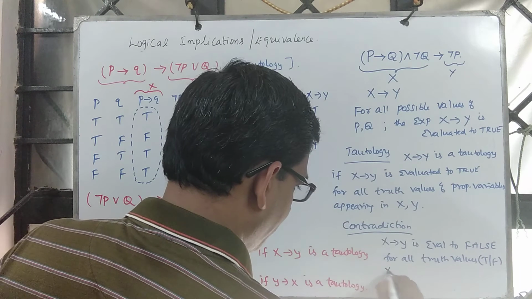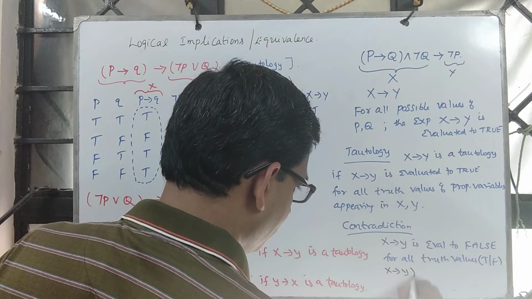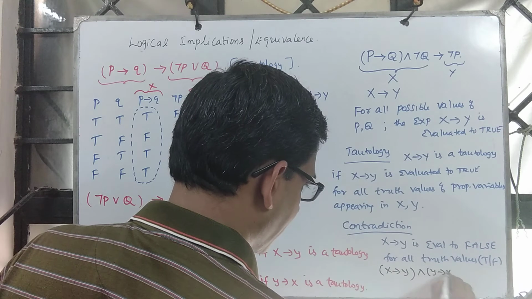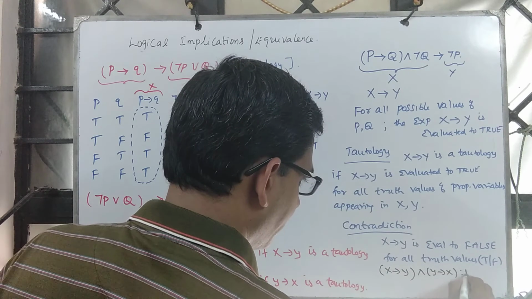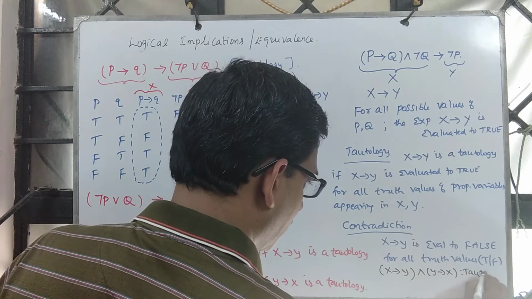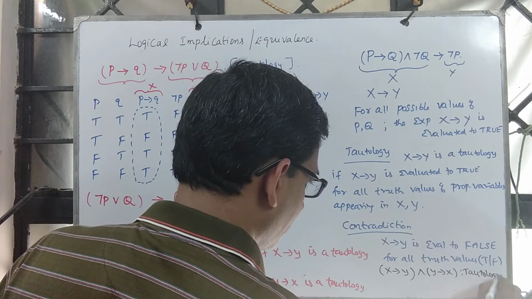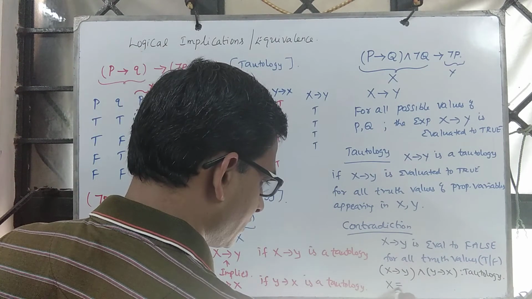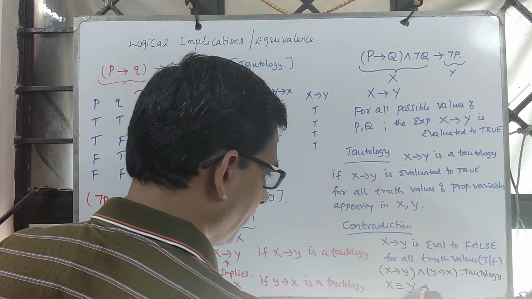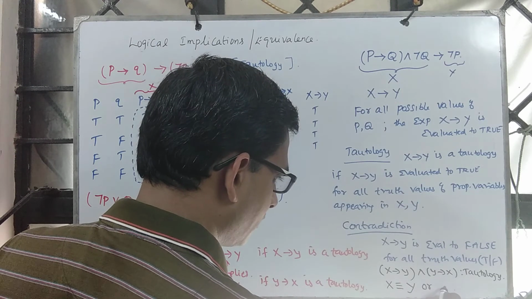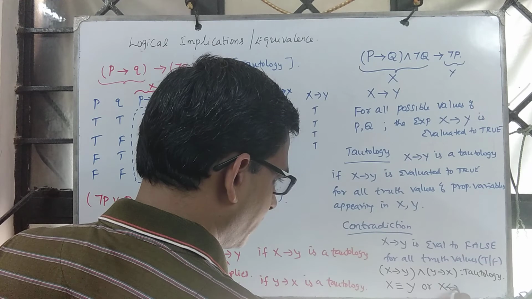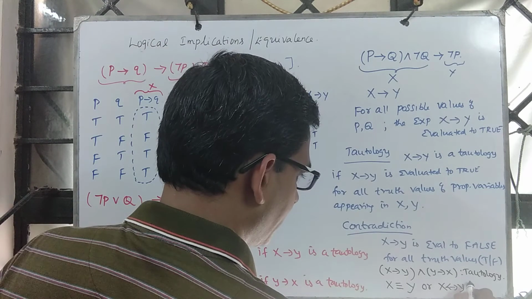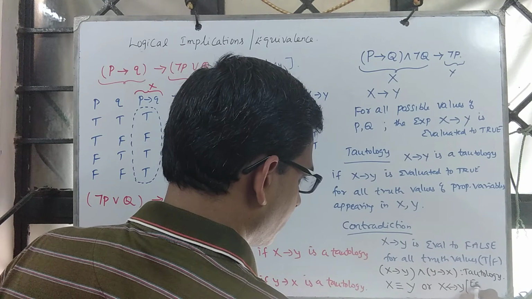So if X implies Y and Y implies X, if both are tautology, then X is equivalent to Y, or X biconditional Y. So this is called equivalence.